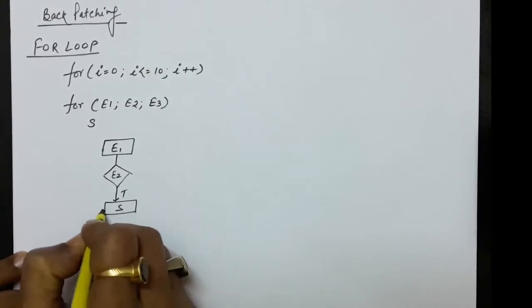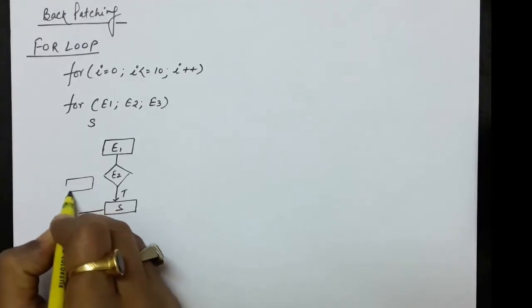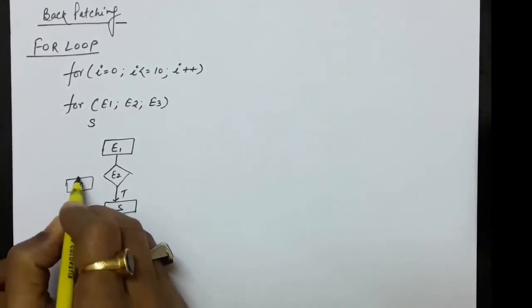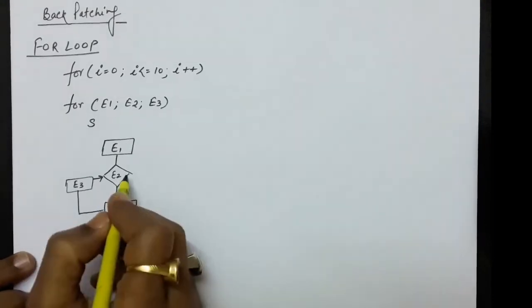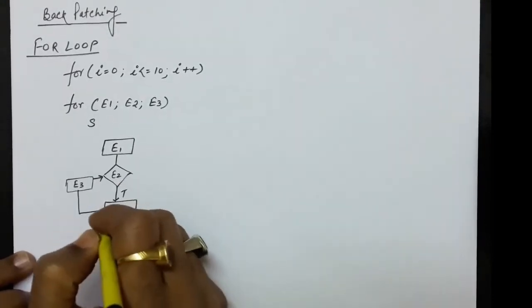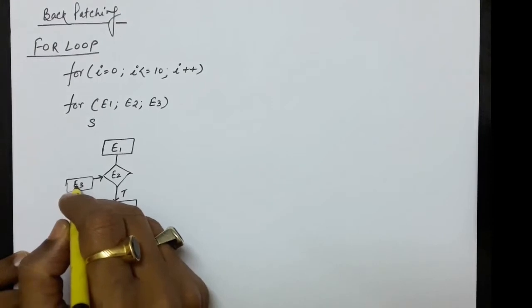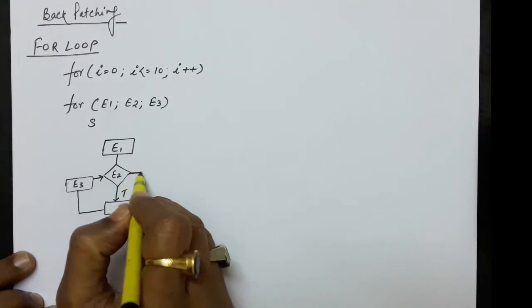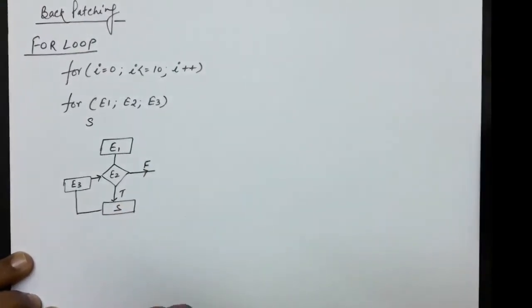Having executed the statement S, we need to do the increment or the decrement part, which is E3, and after that we again need to go to check the condition. Okay, so if the condition is true, we will again execute the statement S, and then we will increment with the statement E3, and then again check the condition E2, and if the condition is false, we will come out of this loop.